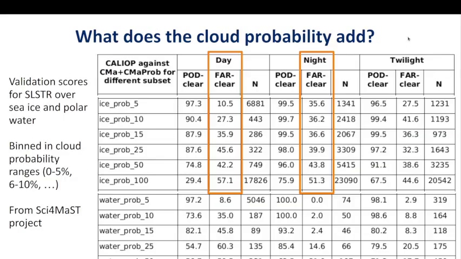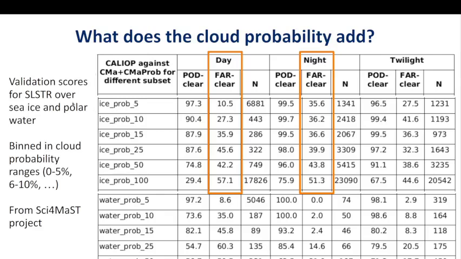We have also specifically validated the cloud probability product to see how the cloud probability can improve the cloud masking. This table shows the validation scores for SLSTR, and we have now separated sea ice and polar waters.